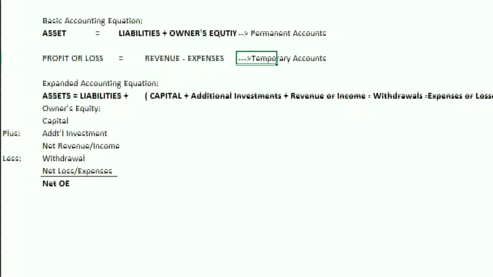Okay, first is the rule for revenue. Revenue account. So, I have the illustration here. Okay. So, normal balance ni revenue is credit side.